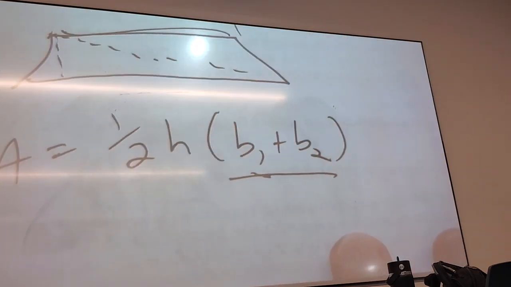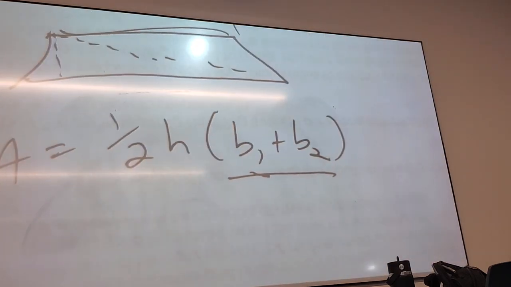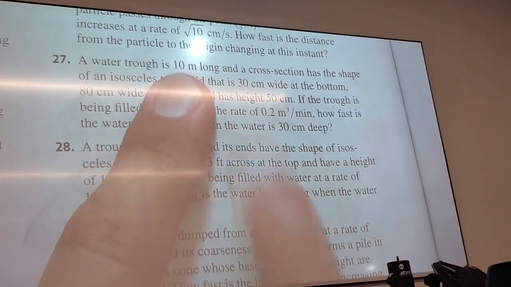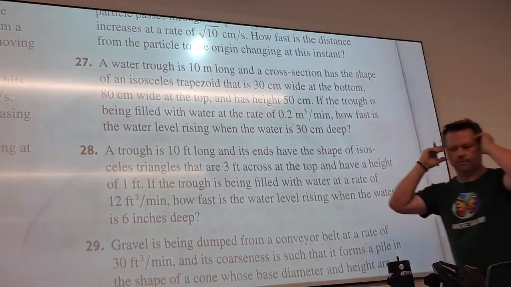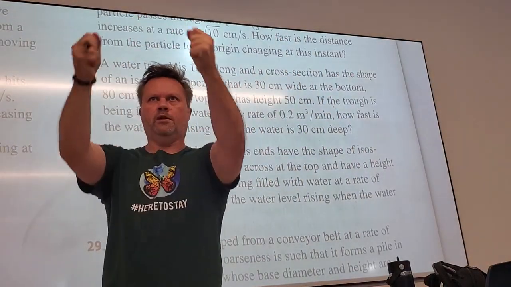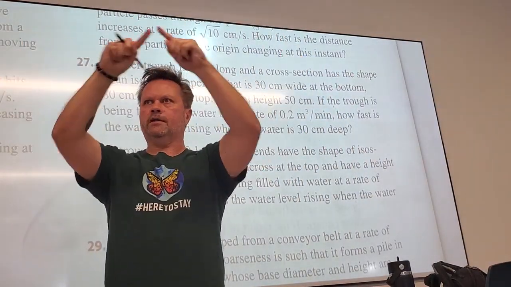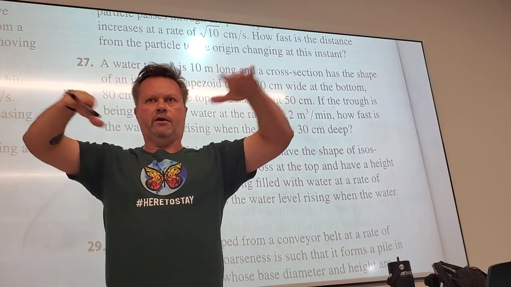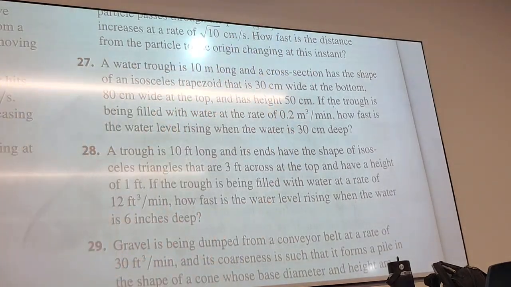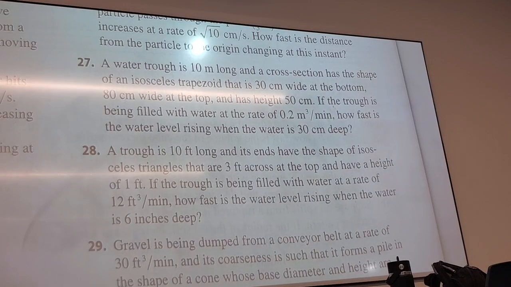Alright, so coming back to this problem. It's 10 meters long. So I've got a trapezoidal base, and it's probably more like this, so that it's got a wider top. You guys with me? There's a wider area for horses and stuff to come and get some water. And then it's 10 meters long.